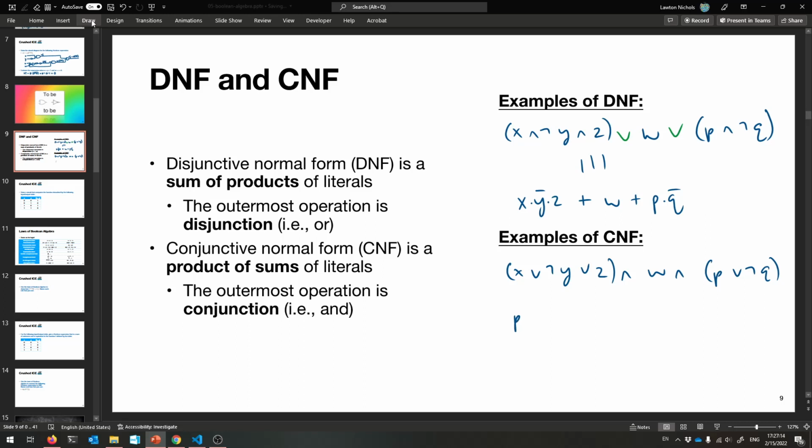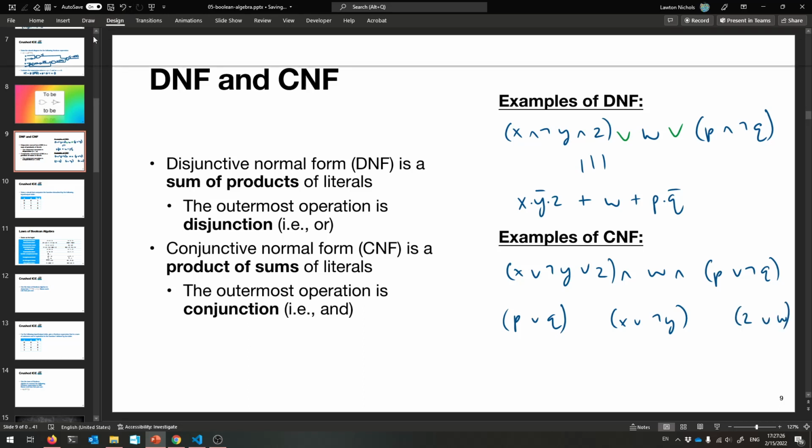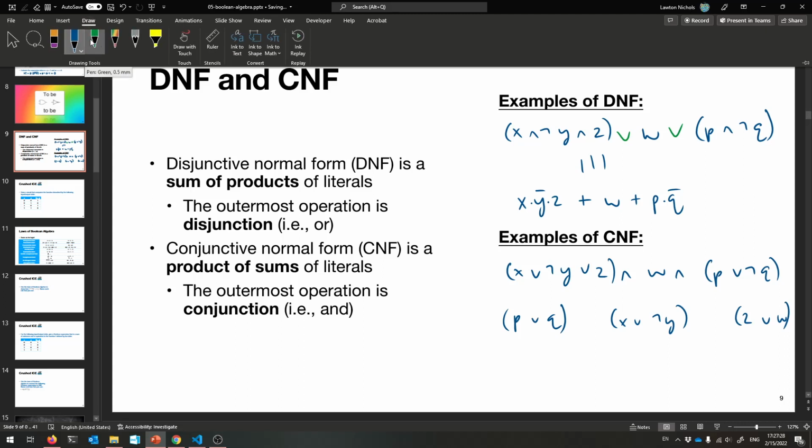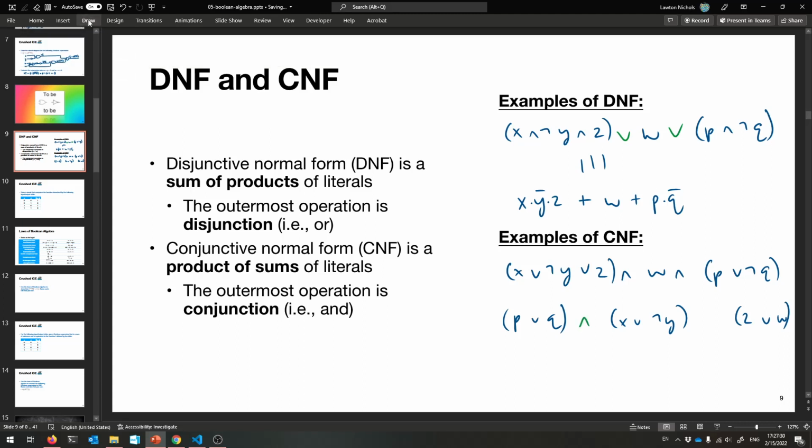Let's take P or Q, X or not Y, Z or W. It's a bunch of sums. I need to take the product of those, so AND them all together. And that is equivalent, in Boolean algebra land, to P times Q plus X times Y bar plus Z times W.